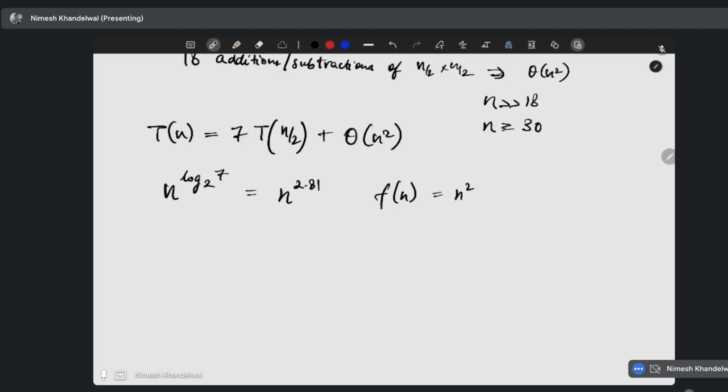So again, f of n grows slower than n to the power log a base b. So this is the case 1 of Master's theorem.